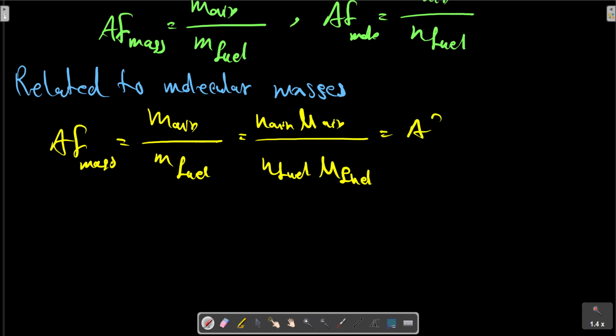This is AF mole basis multiplied by the molar mass of air on the molar mass of fuel.